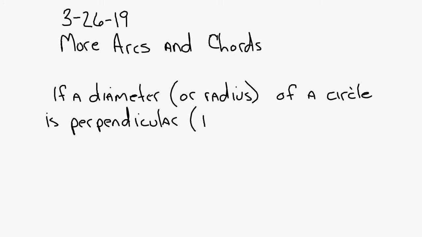It's the upside down T. If a diameter or radius of a circle is perpendicular to a chord, then it bisects the chord and its arc.